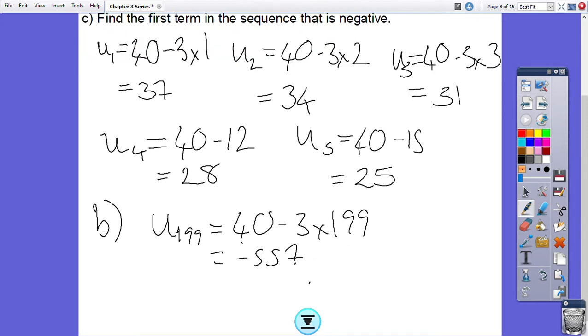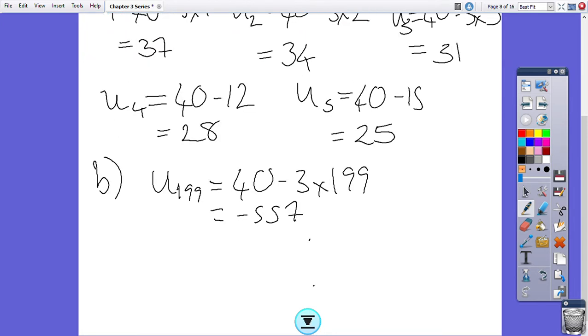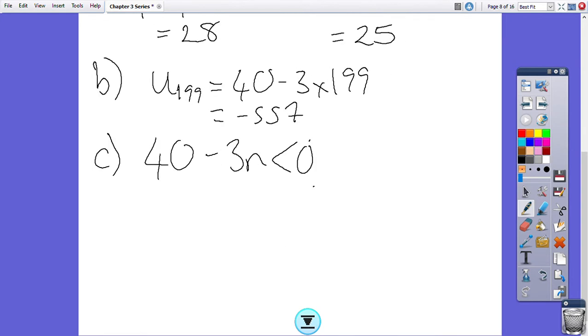Okay, and then part C, doing the same thing as we did in my example. You've got 40 minus 3n is less than 0. Then you've got 40 is less than 3n, so n is bigger than 40 over 3.